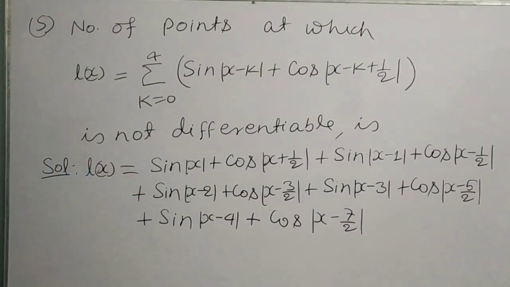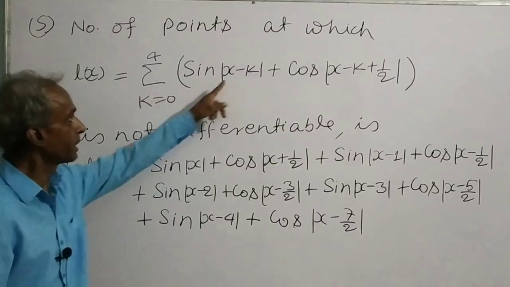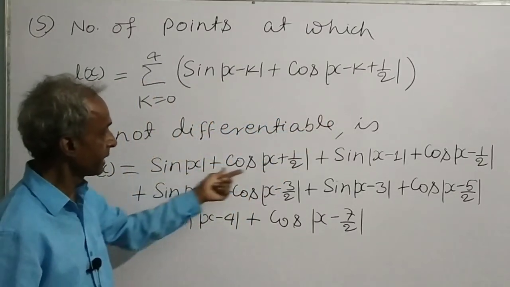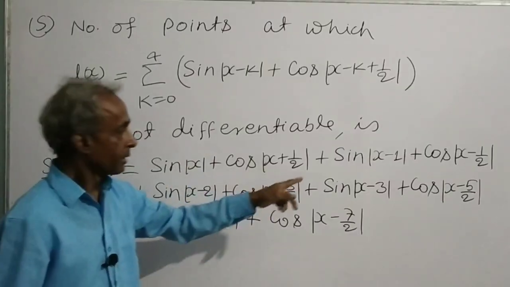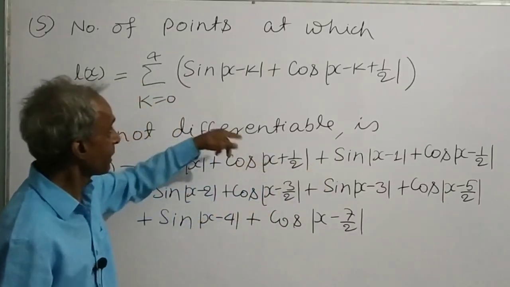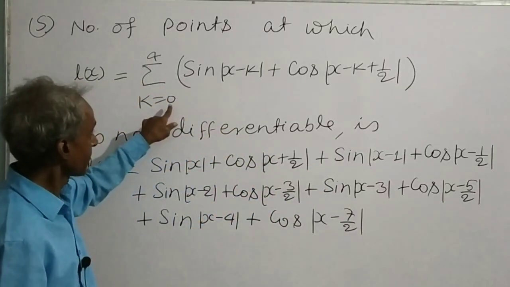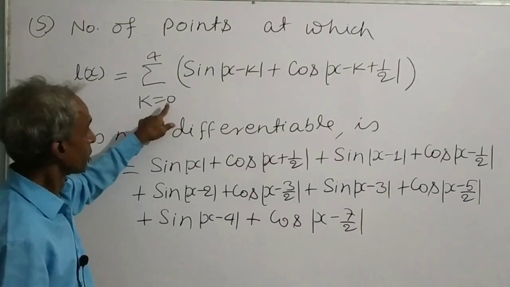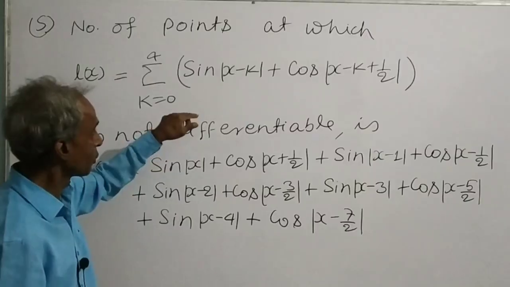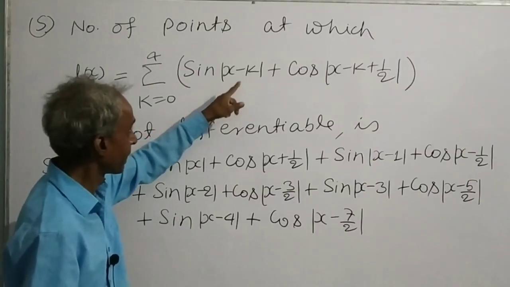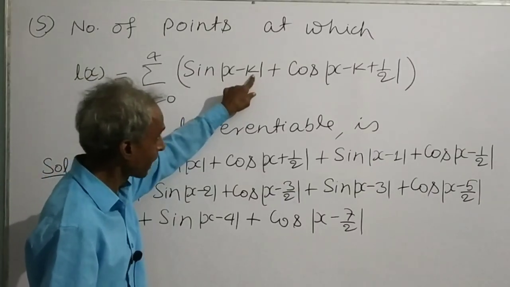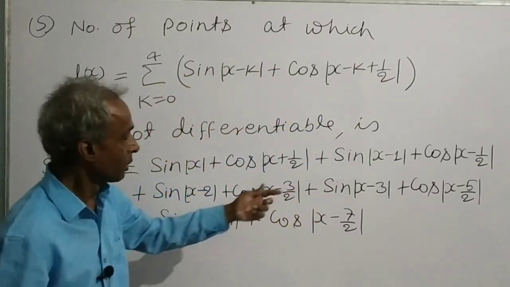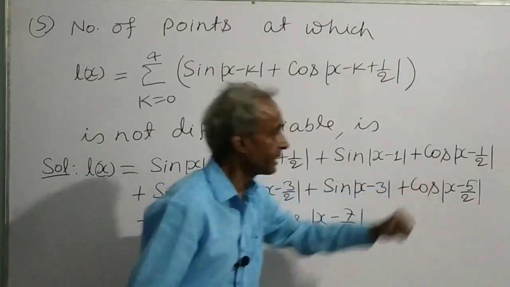Lx is equal to, first we put 0 in place of k, then we get this and this. Then write plus sign and put 1, next number just greater than 0. Just greater than 0, next integer is 1. Therefore, x minus 1, x minus 1 plus 1 by 2. We get this and this.